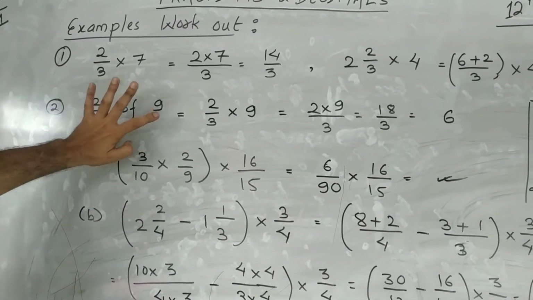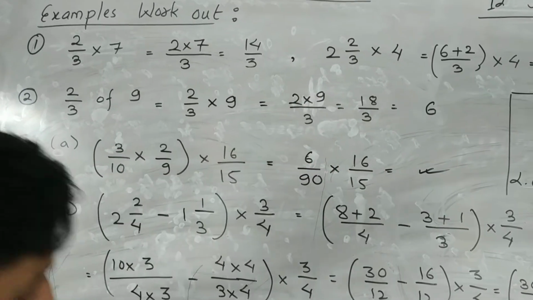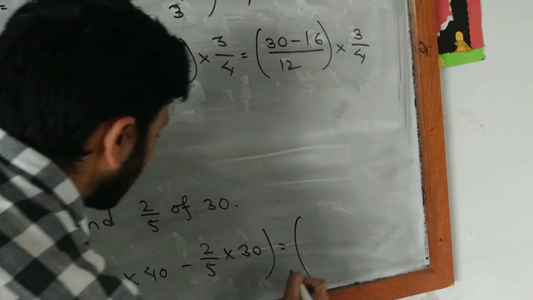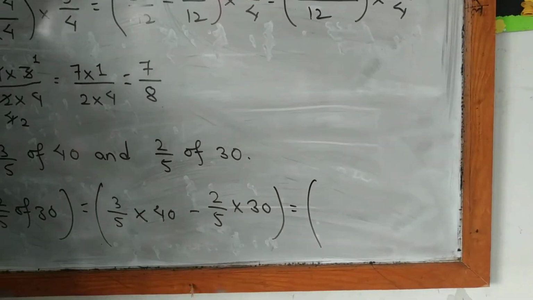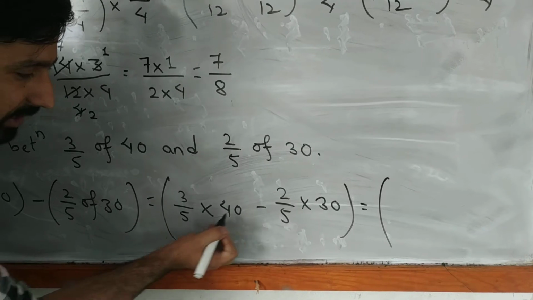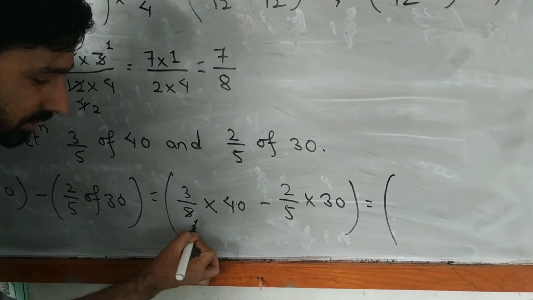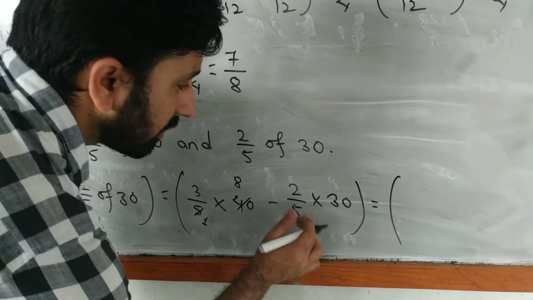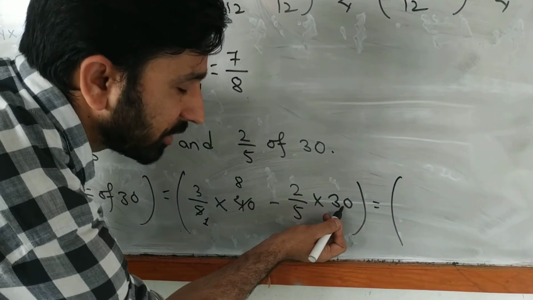Look, 2 by 3 of 9, 2 by 3. Let's simplify this. I will teach you another way. If we can reduce, we can cancel this and this also. 5 ones, 5 eights. Here we cannot cancel, this is also a numerator.